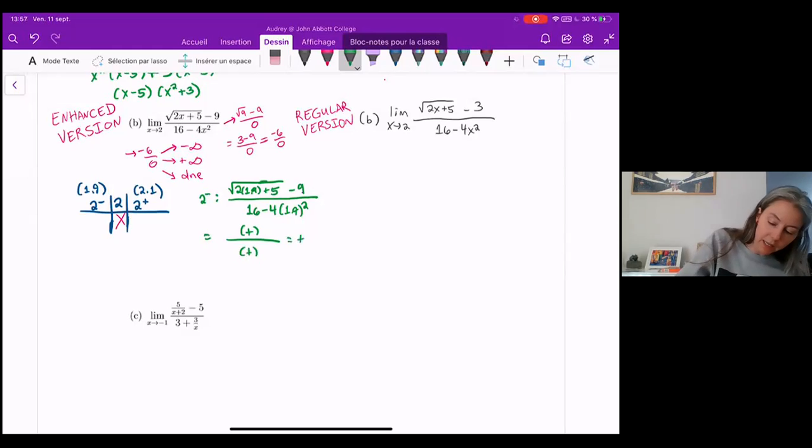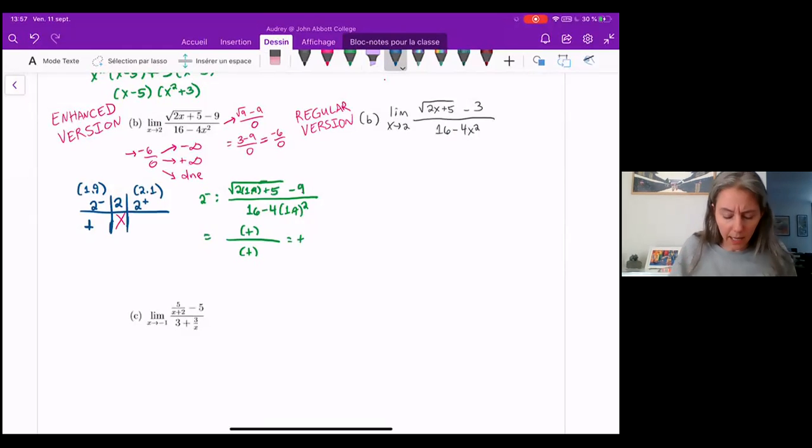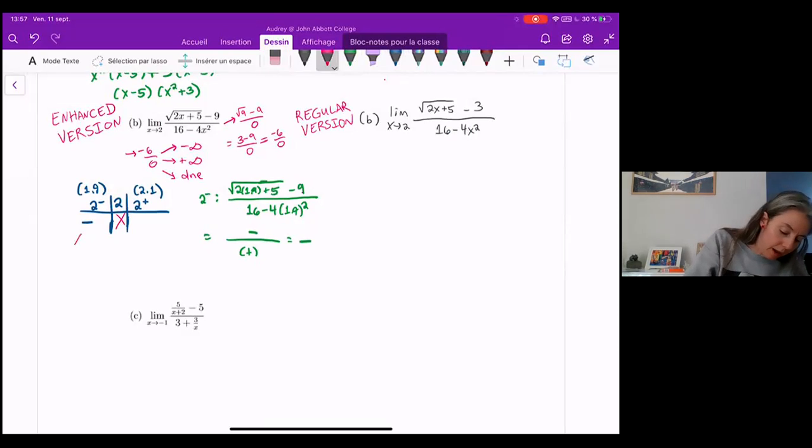So this is positive. I lied. Sorry about that. That's definitely not a positive value. That's a negative value on top. So we have a negative value up here. So this gives me a negative value there. So on the left side, it's negative, which FYI means that the limit as x approaches 2 from the left of this function is going to negative infinity.